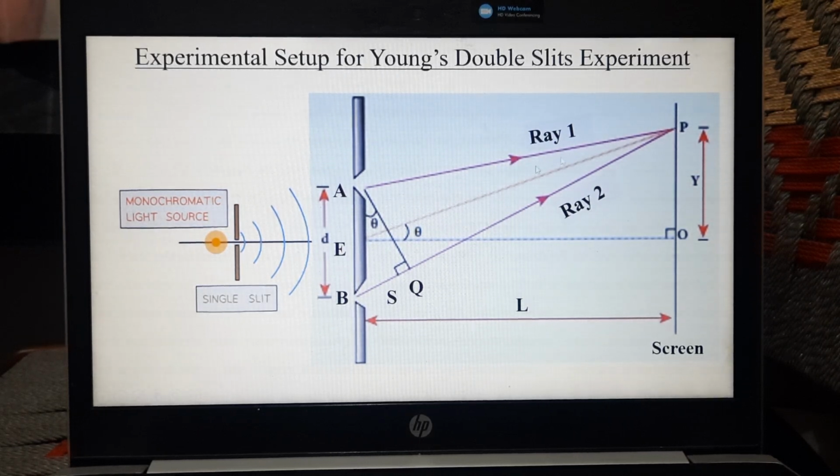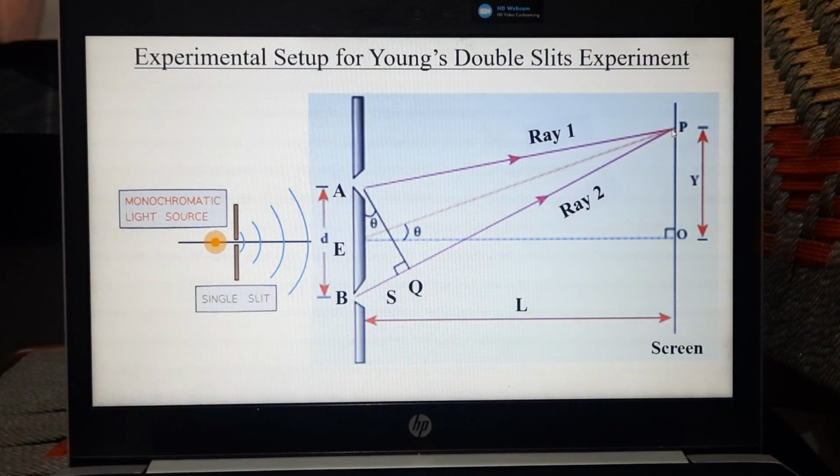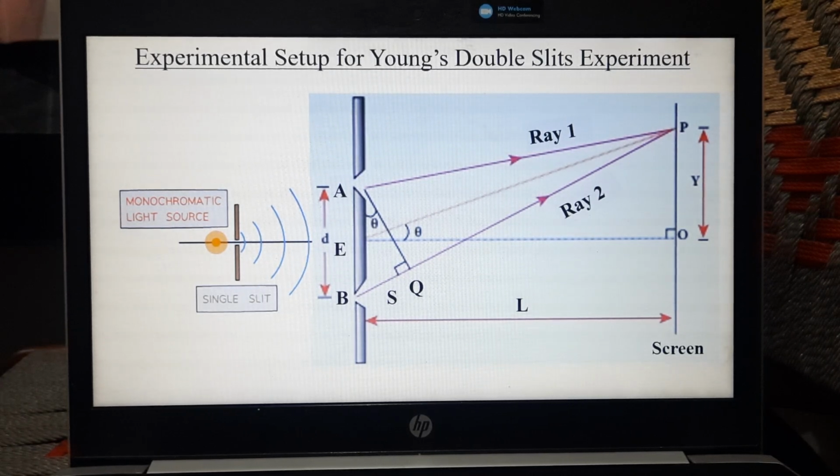This is ray 1 that is coming out from slit A, and it is incident on the screen, suppose at point P. Similarly, another ray 2 is coming out from slit B, and it is incident on the same point P. I suppose that these two rays are constructively interfering with each other at point P, so point P is considered as a bright spot.